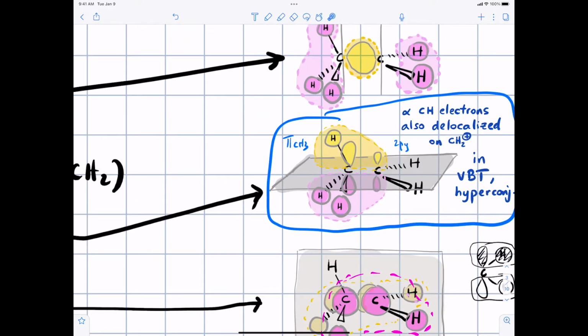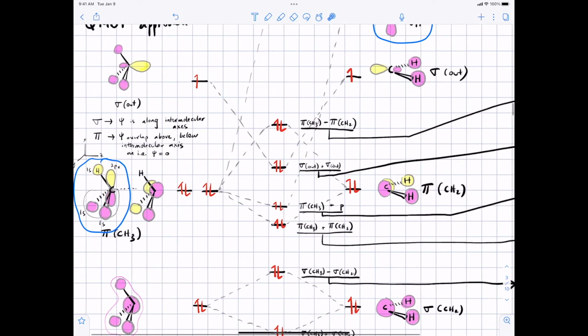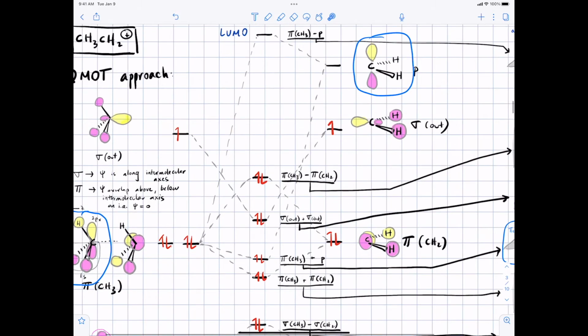And if you look at it, it's not so very much different from a pi bond, only you've got a methyl group over here instead of a CH2 group. It's mostly on the methyl group because the pi CH3 orbital is so much lower in energy than the non-bonding p orbital.